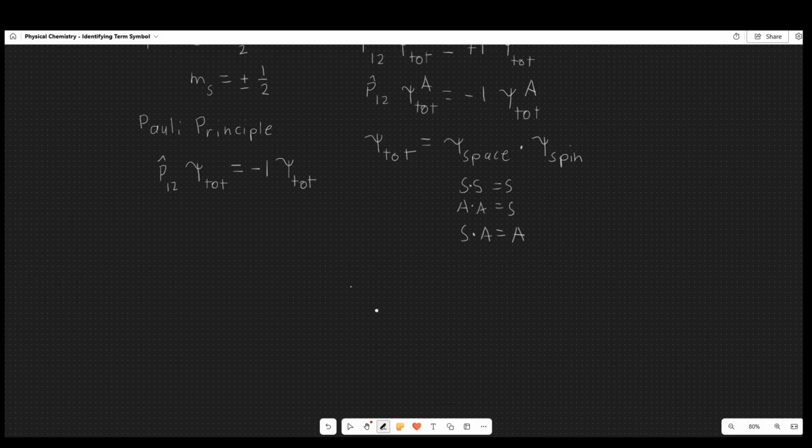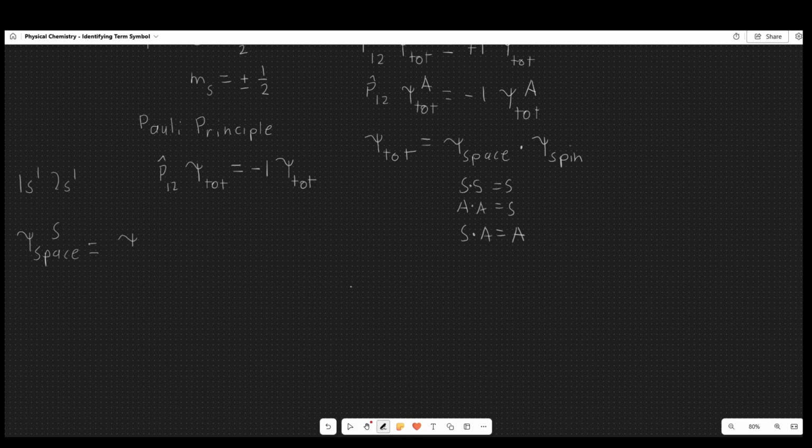Now let's say that psi space is symmetric. What does it look like? Let's say in this example that we have an electronic configuration of 1s1 and 2s1. What would a symmetric psi space look like?